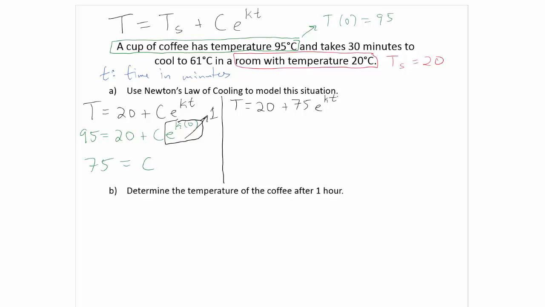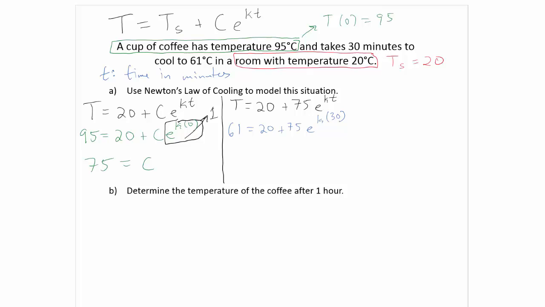Then we're told it takes 30 minutes to cool to 61 degrees. So that means that when little t is 30, temperature is 61. So then 61 would be equal to 20 plus 75 e to the k times 30. Do a little bit of algebra here.